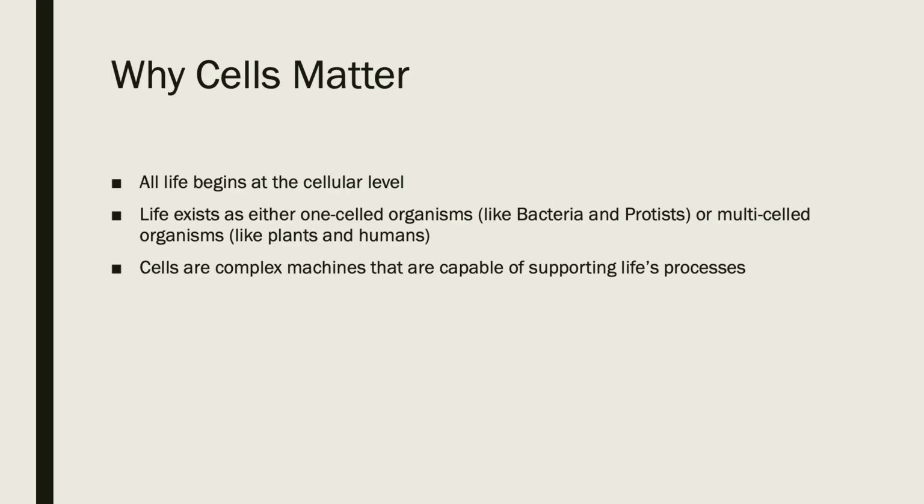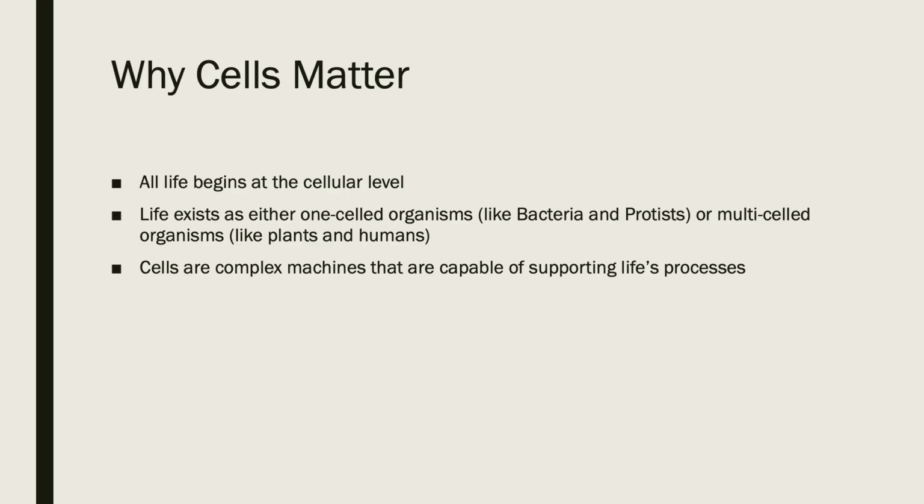So for something to be considered alive, now again, we're not referring to gray areas like viruses here, because those are subcellular entities. But for us in this class especially, when we're talking about life, it has to be at least one cell.